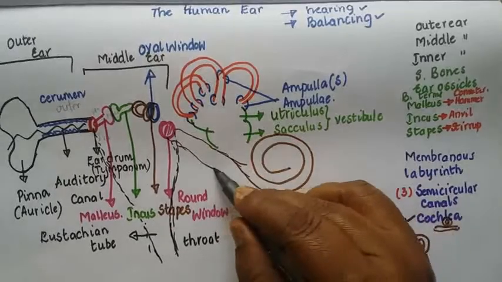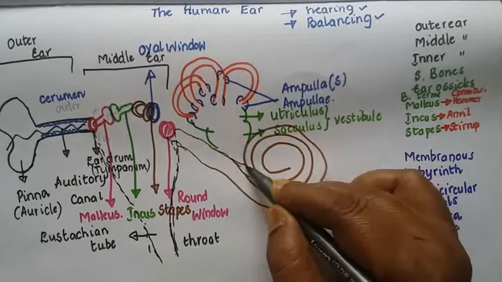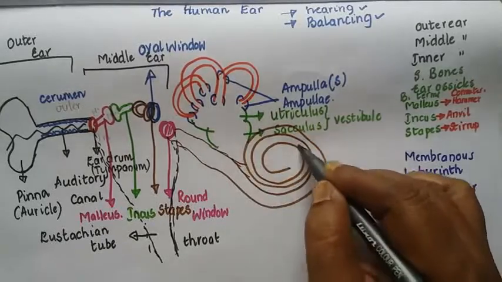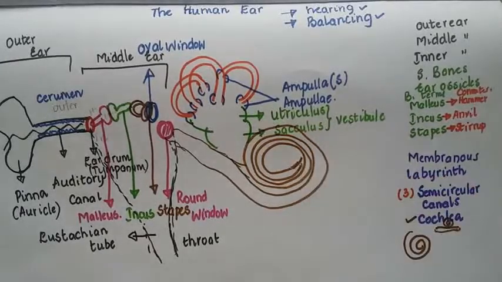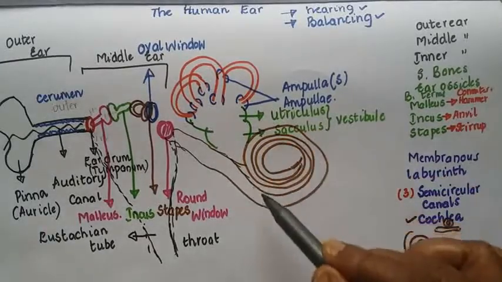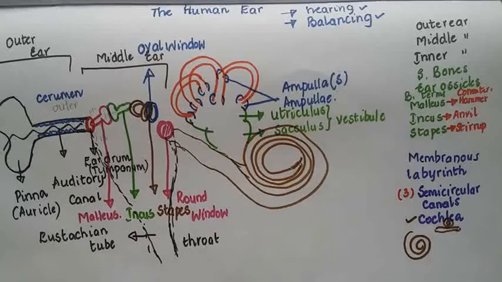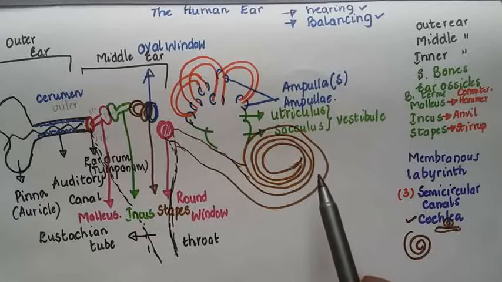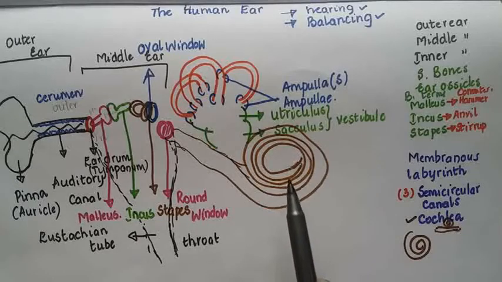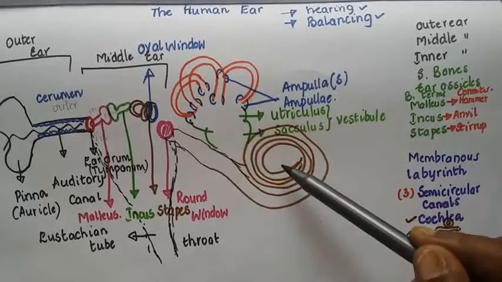Thus the cochlea is a spiral organ containing 2.5 turns. It is a highly twisted structure which has 2.5 turns. So what is the location of the cochlea? We find the cochlea in the inner ear at the base of the vestibule.